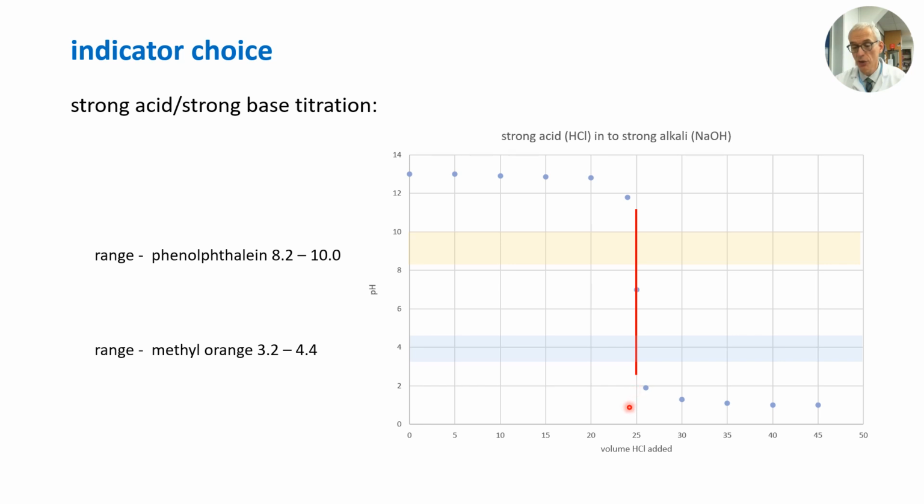So the addition of 1 or 2 drops of acid will cause a large pH change, and that pH change will pass through the methyl orange range, and therefore methyl orange will change color when 1 or 2 drops of hydrochloric acid are added. So both phenolphthalein and methyl orange meet the requirements to be a useful indicator for a strong acid and strong base titration.